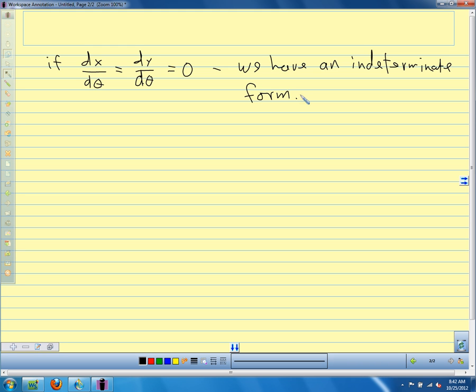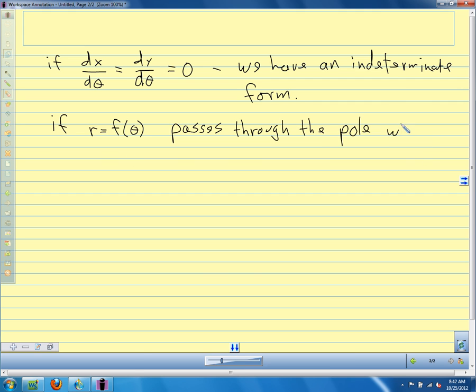Now if r, which is some function of theta, passes through the pole at some particular theta, we're going to say it passes through the pole when theta equals alpha.